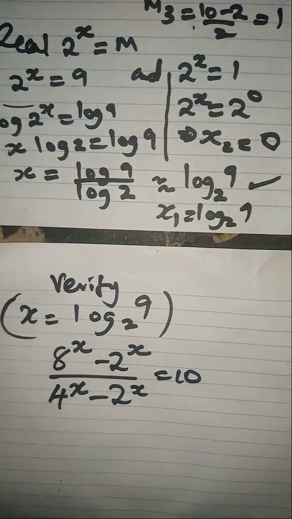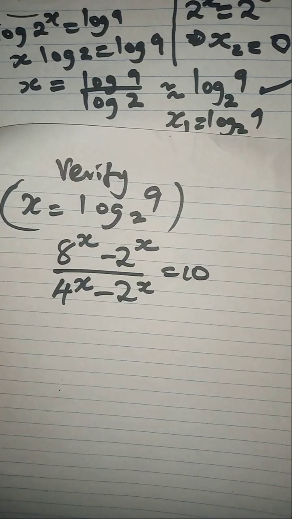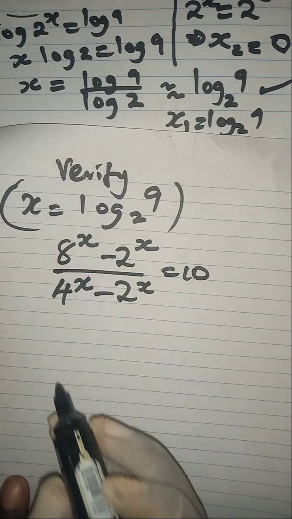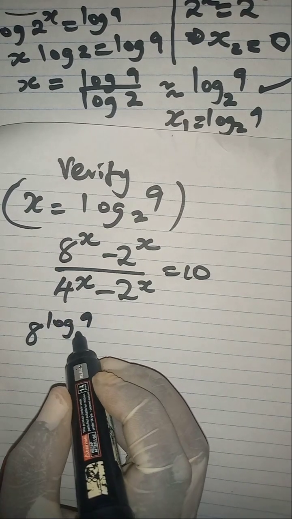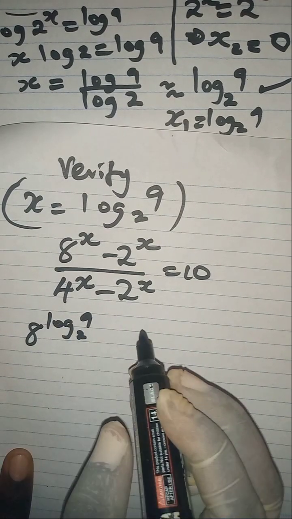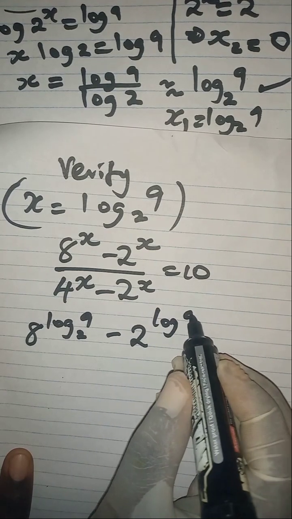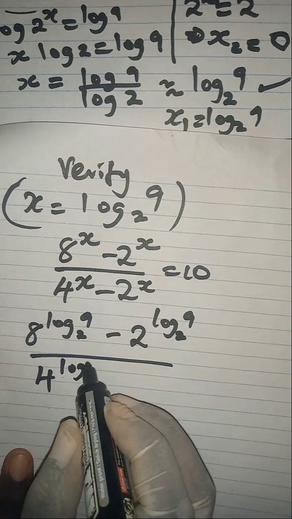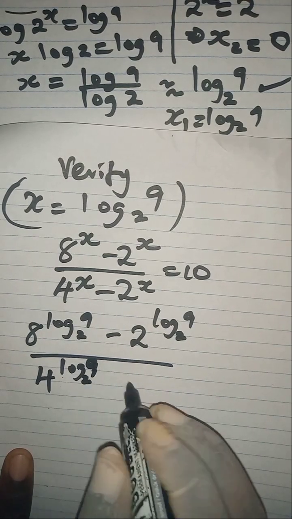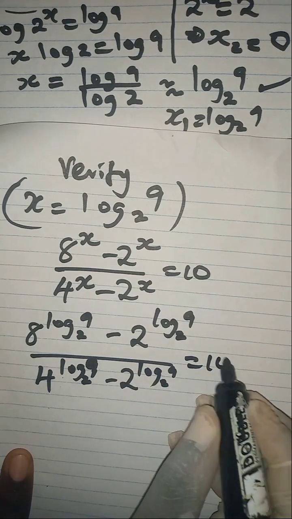Of course, that is it. So then it means where there is x, it's going to be 8 raised to the log of 9 base 2 minus 2 to the log of 9 base 2, divided by 4 to the log of 9 base 2 minus 2 to the log of 9 base 2, should give me 10.